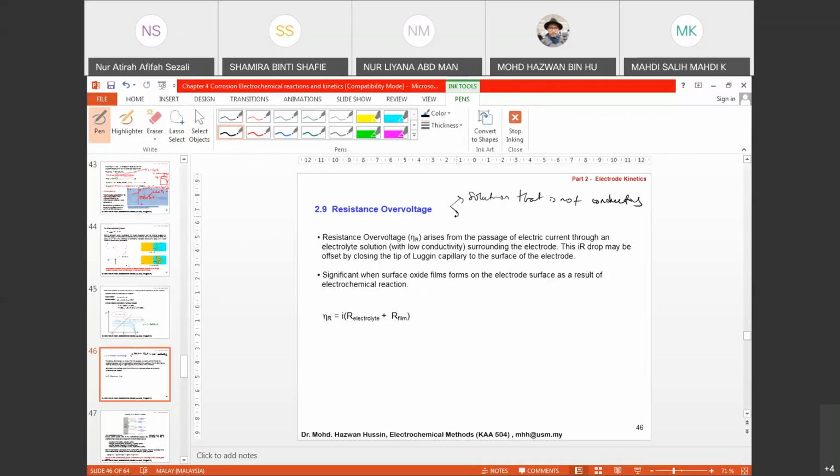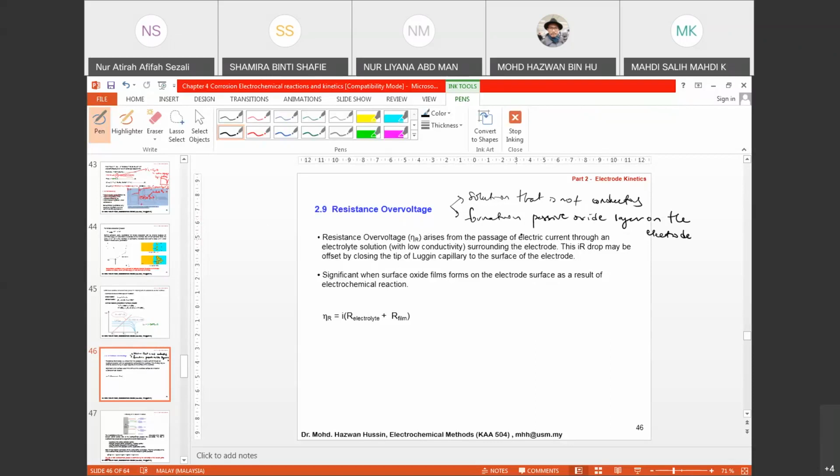and also you can experience resistance overpotential or overvoltage when you have the formation of a passive oxide layer on the electrode. First, a solution that is not conducting.